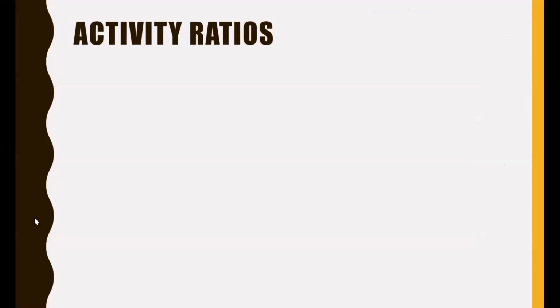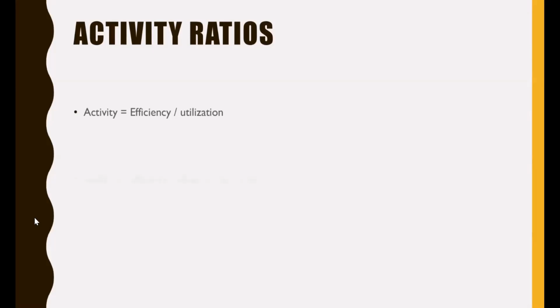Okay? So, ibig sabihin, yung inventories, mas maraming turnover. Okay? So, mas maraming beses siya nabebenta, for example. So, yun ibig sabihin ng active, no? So, in this sense, activity means efficiency or utilization.